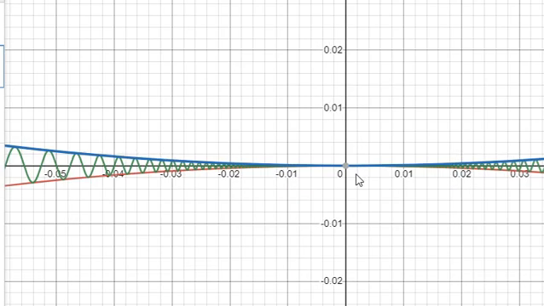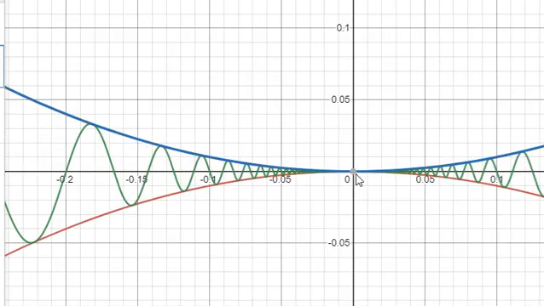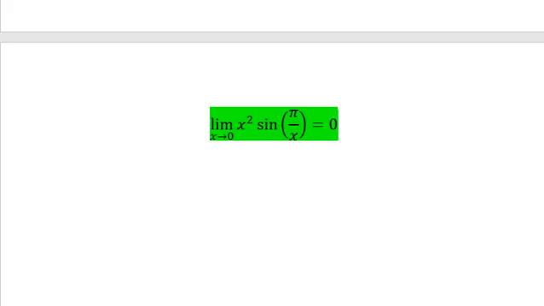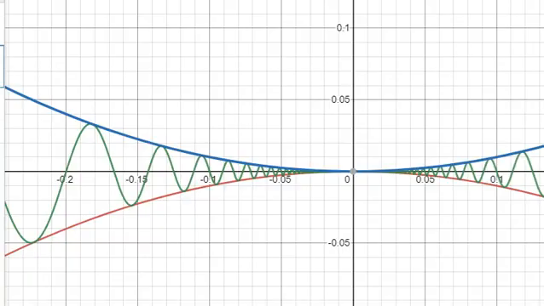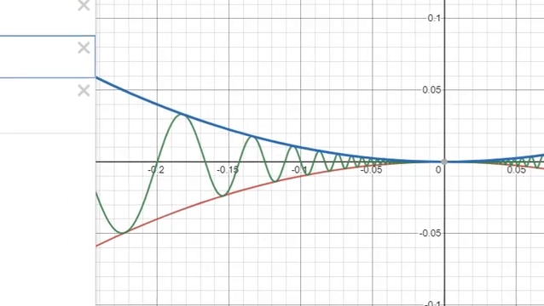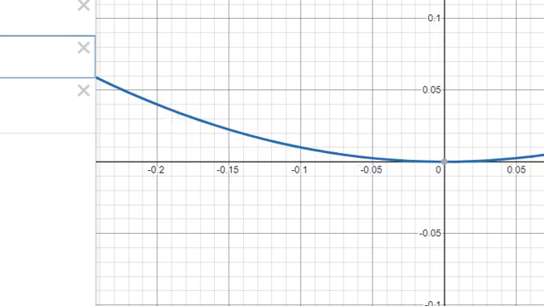Let me get rid of the other two functions so you can see how the original function approaches 0.